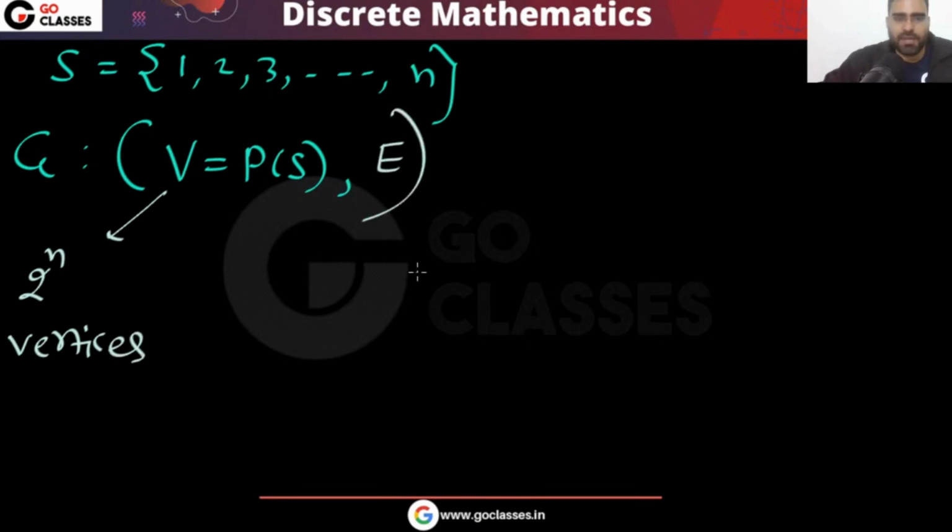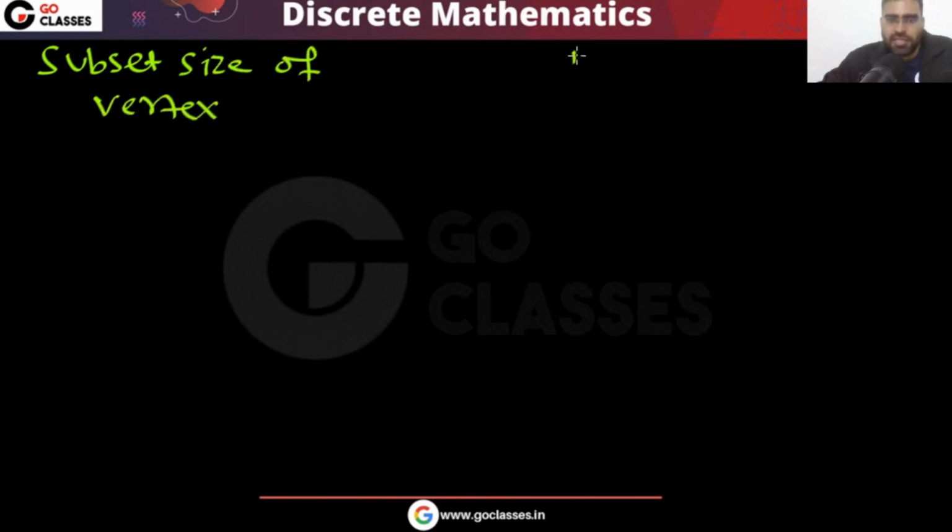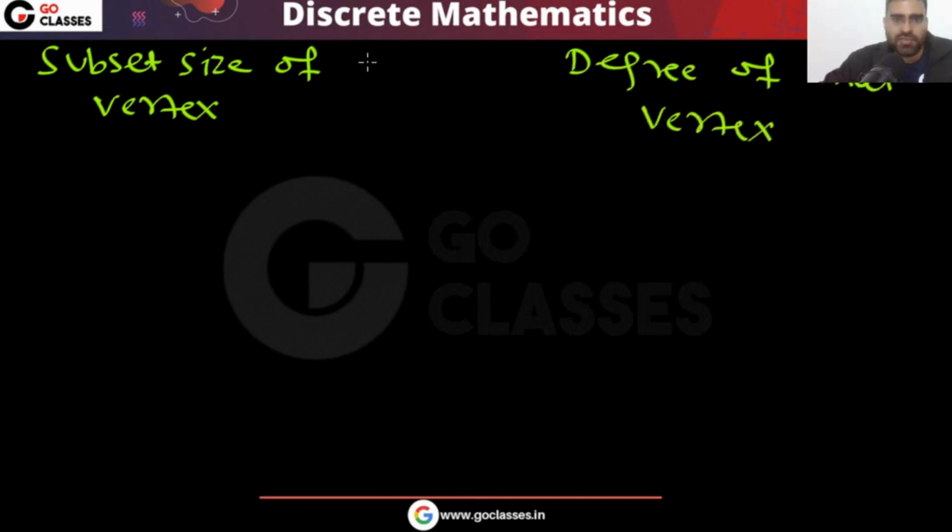Now, what are we going to do in this question? Again, the same chart we will create: the subset size of the vertex, and here we will write the degree of that vertex.